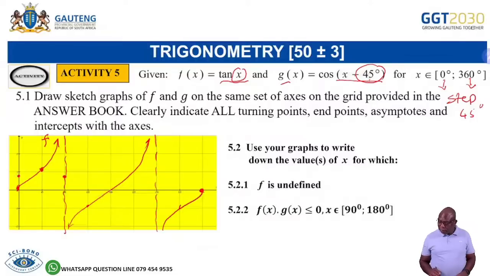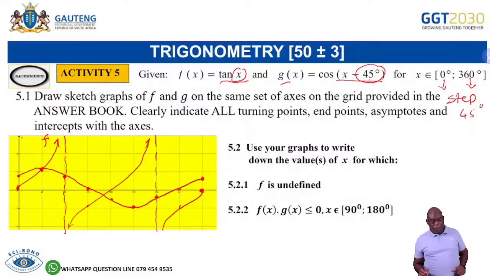At 135 it will be at 0, and at 180 it's going to be down here somewhere, and then at this one it will be there, and we have this point here, then we have it at 0, and then the graph is going to end somewhere there. So those points you can get by putting them on a calculator. I'm not going to waste time there, so I'm going to draw my graph, and my graph is going to stop there. See, then I have this graph of g.